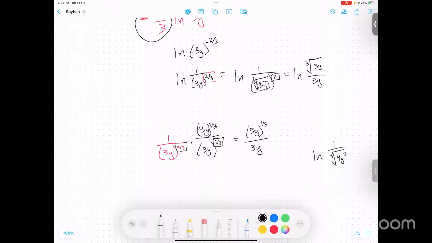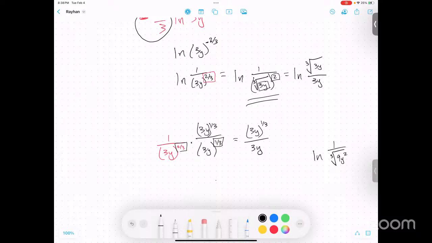Oh, okay. It's still the same problem that you have with it. Yeah. I would argue that that's not more simple than this right here. And if they don't want you to have a radical in the denominator, then what he did didn't really help you much, because now you still have to get rid of that in the denominator.